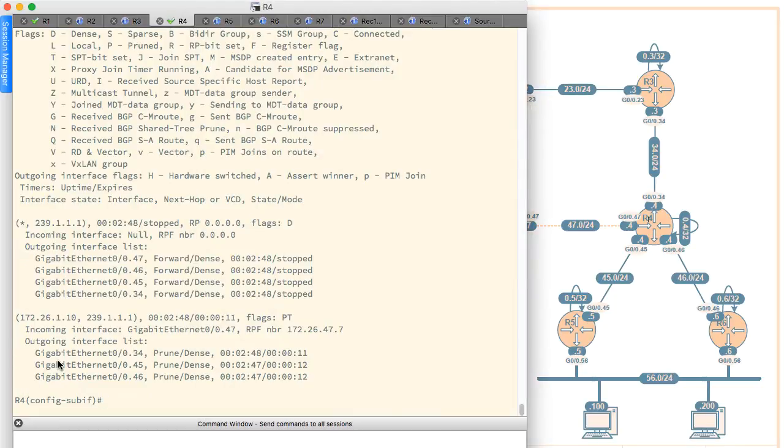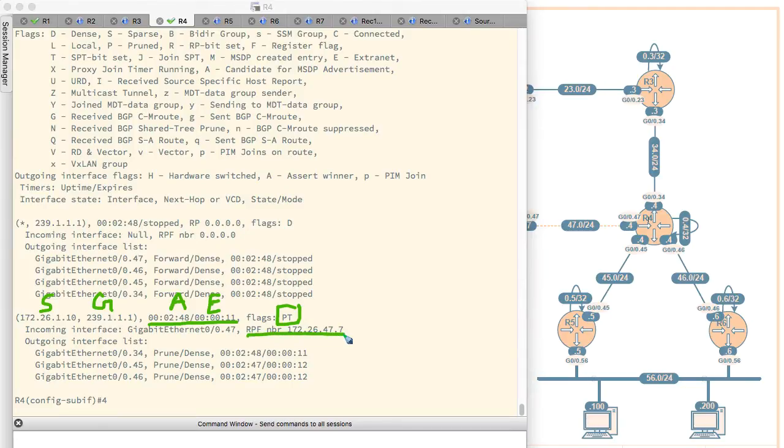But again, like I said, we're more interested in the S,G always. In this S,G, there is an active time, there is an expiration time, and the whole group is still pruned. This time the RPF neighbor is different.